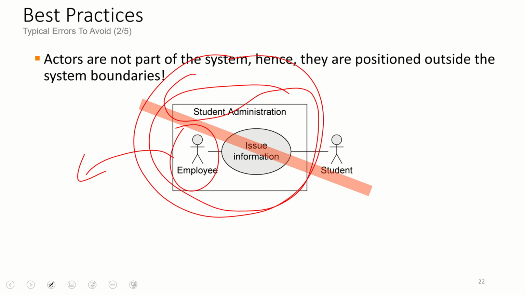Actors are only the people who interact with the system, but not the system itself. So always remember actors are not part of the system. You need to position them outside of the system boundary.